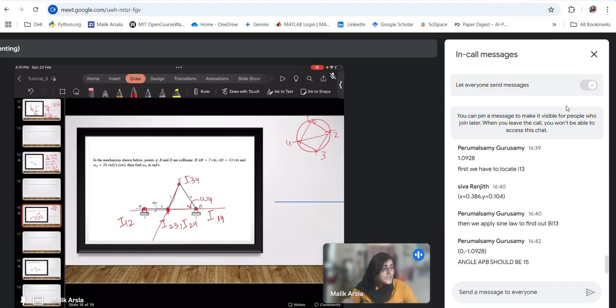Now how can we relate them? We can write omega 4 cross this length, which is rbd, the distance between the point D and the instantaneous center I24. So let me write it as rbd.